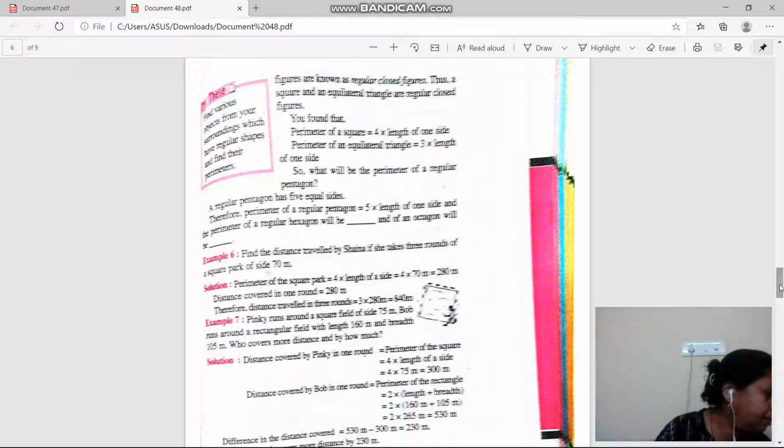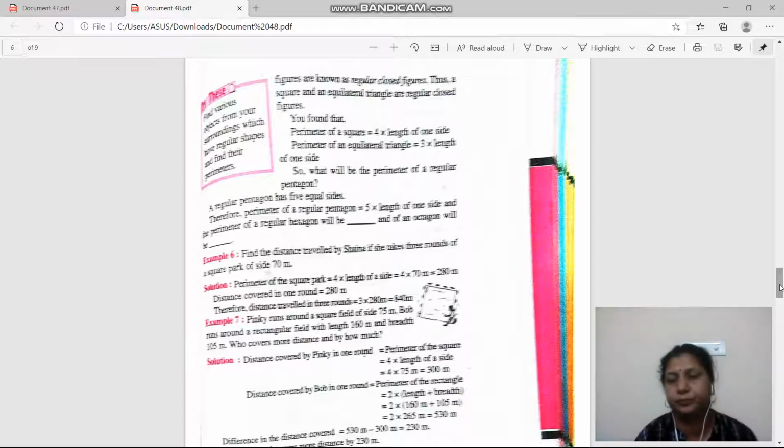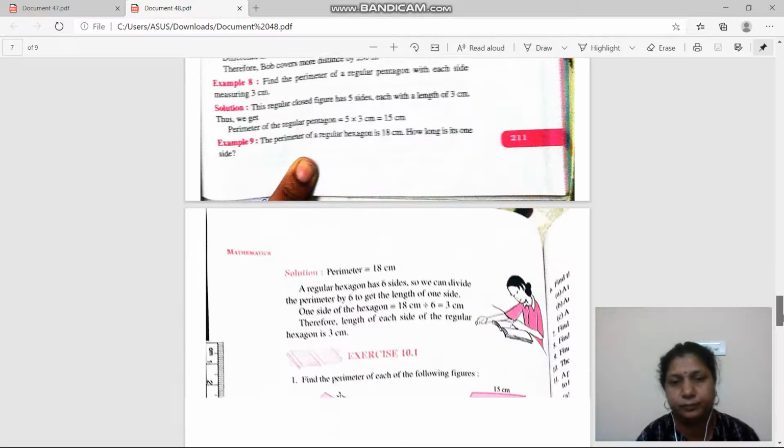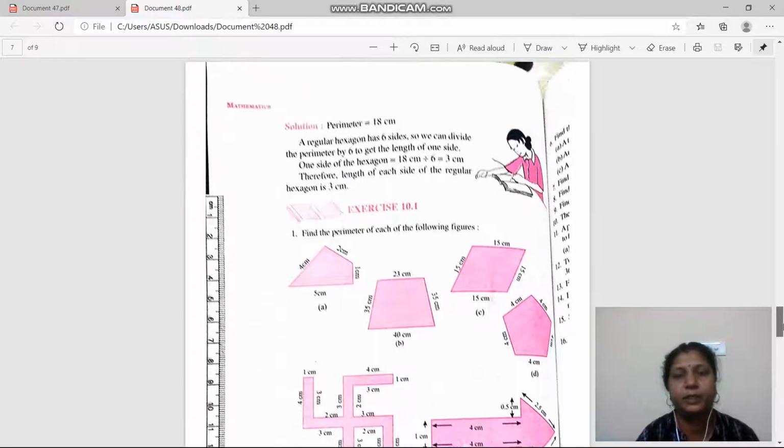So open page number 212. Fine, now you can see on the screen also. So what is given here? The perimeter is equal to 18 centimeter. It is a regular hexagon, and a regular hexagon has 6 sides. So we can divide the given perimeter by 6, so that we can get the length of a side.